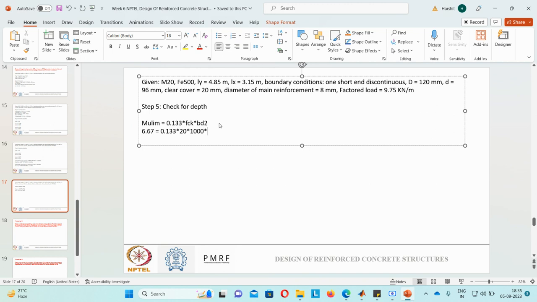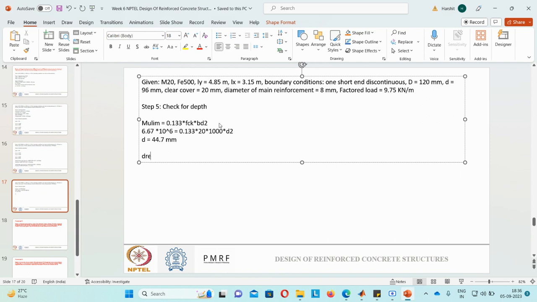And d square. This also we need to convert, so this will be multiplied by 10 to the power 6. Kilonewton meter, so we need to convert into newton millimeter, because all these values are in newton and millimeter. Just dividing everything, you will get small d as 44.7 mm, and what we provided is 96 mm.